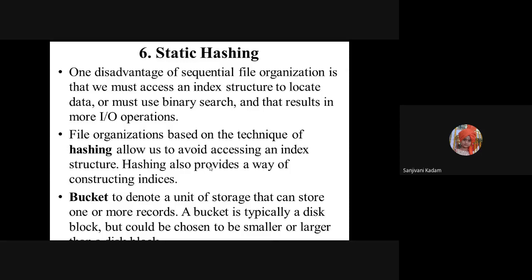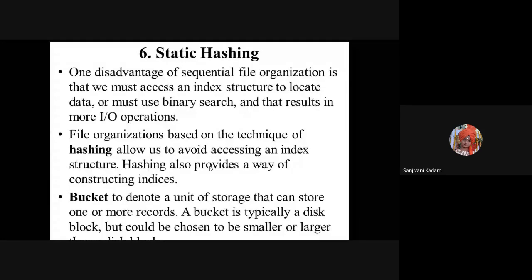In indexing, I cannot skip the sequential search, even though I am using a tree or a sequential file. In a tree also, I have to start from the key value comparisons. Hashing results in the generation of a value, and that value directly points to the record wherever it is stored.